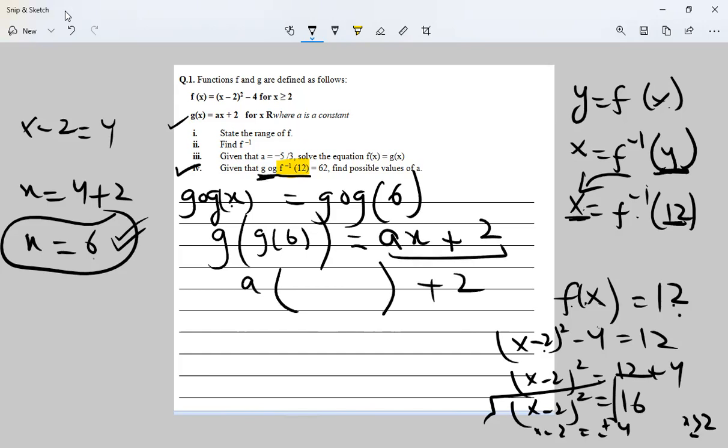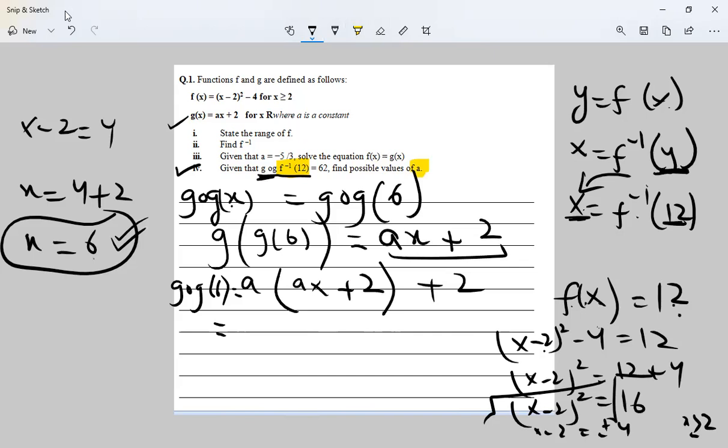This will be inserted here, g of g. What we have done, g of g here, 6 is equal to. The A value we need to find out. The task of the question is A.